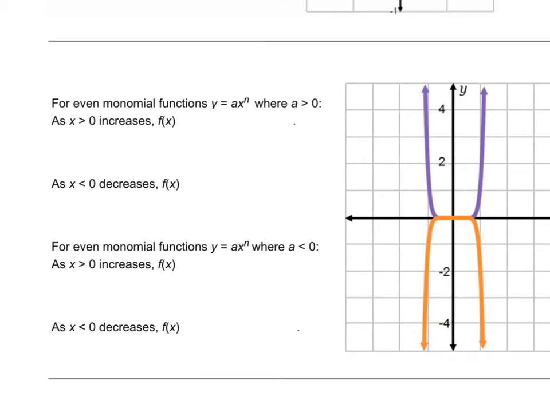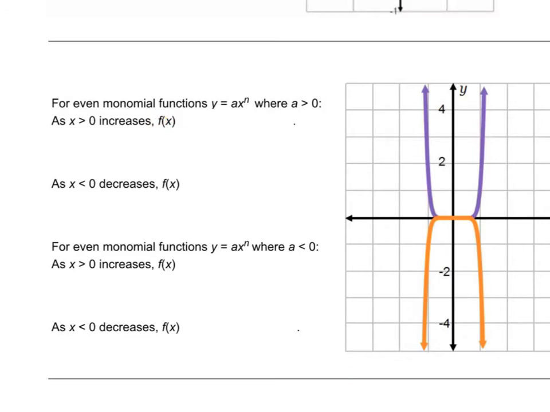So let's answer this question. It says for even monomial functions, y equals a times x to the n, where a is larger than 0, as x is larger than 0 increases, then f of x does what? As your x value increases, what happens to the function values?